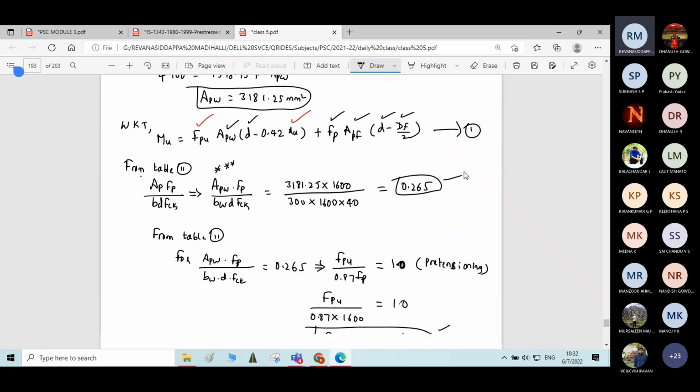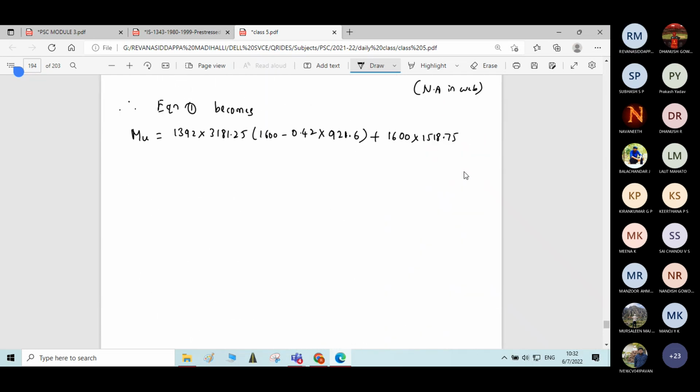FP into APF into D minus DF by 2, into 1600, depth of flange is 150 by 2. So if you calculate the answer, you will get the value of ultimate moment of resistance as 9.076 into 10 power 6 Newton millimeter.